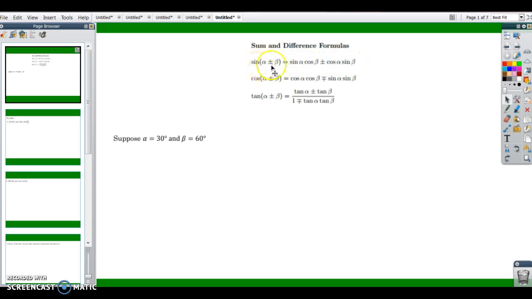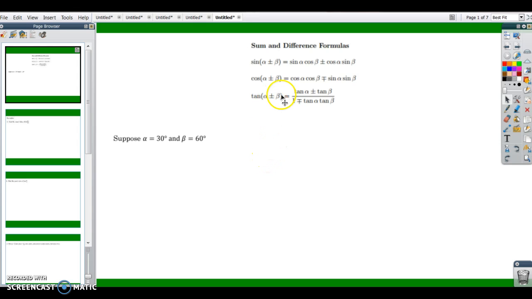Similarly, the sine of the difference would be sine of the first, cosine of the second, minus cosine of the first, sine of the second. So if you just refer to where they are in the formula, alpha being the first one, beta being the second one, you can see the pattern as it develops through the sine, cosine, and tangent sum and difference formulas.